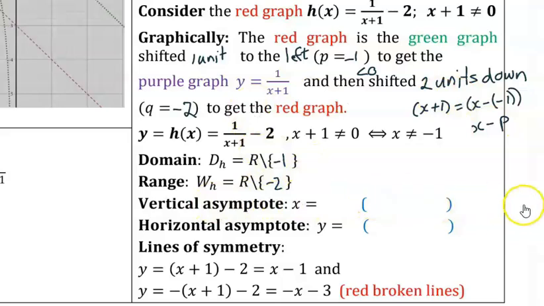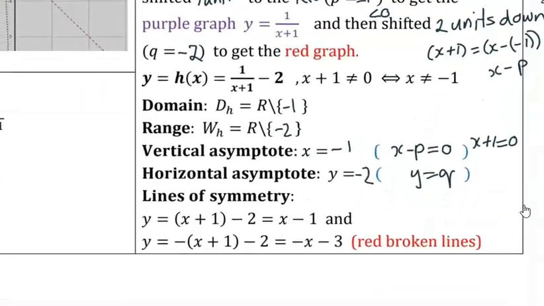So the vertical asymptote is x equal to -1, and the horizontal asymptote is y equal to -2. The vertical asymptote is where x minus p is equal to 0. So in this case we have x plus 1 equal to 0. This is where it will happen. Horizontal asymptote, this is where y is equal to my q value.